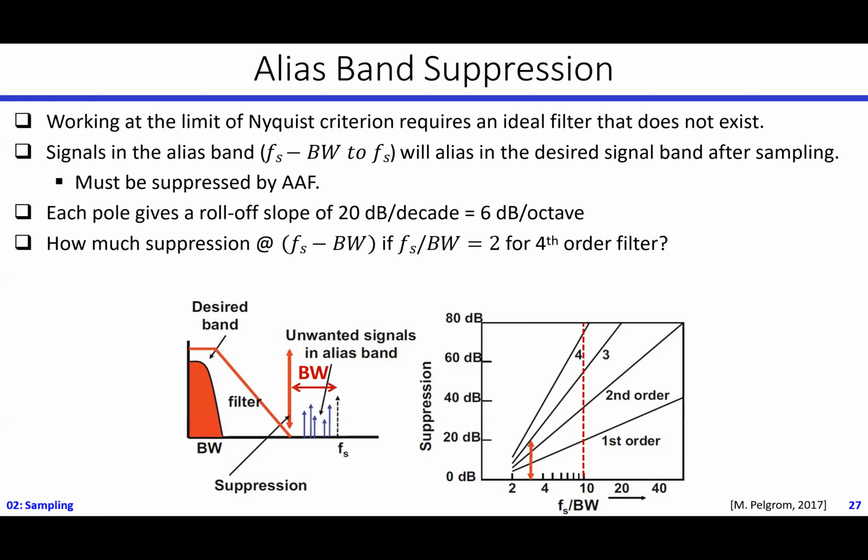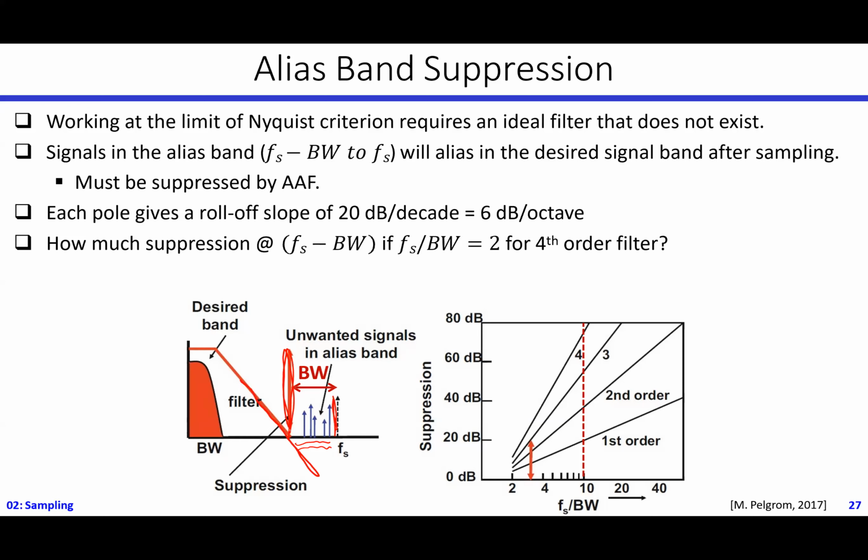The alias band is basically from the bandwidth of my signal until Fs. Any noise that comes here will alias back into my desired band of interest. So I want an anti-aliasing filter that rejects these noises here.